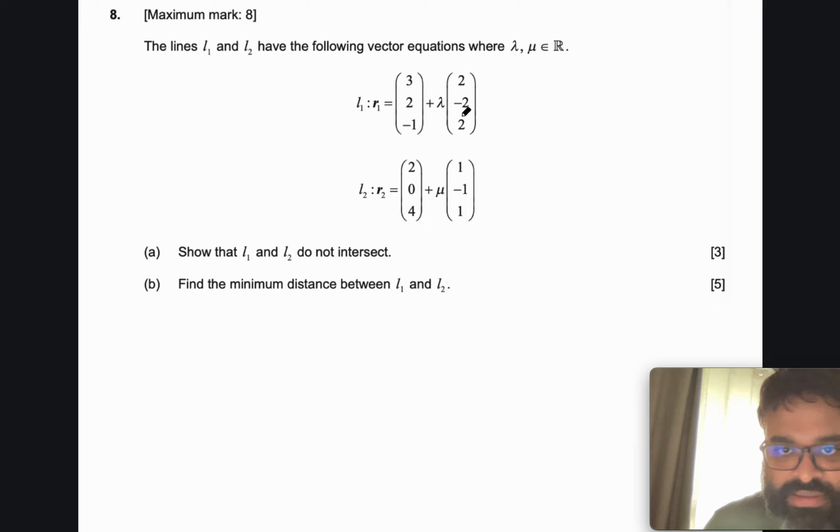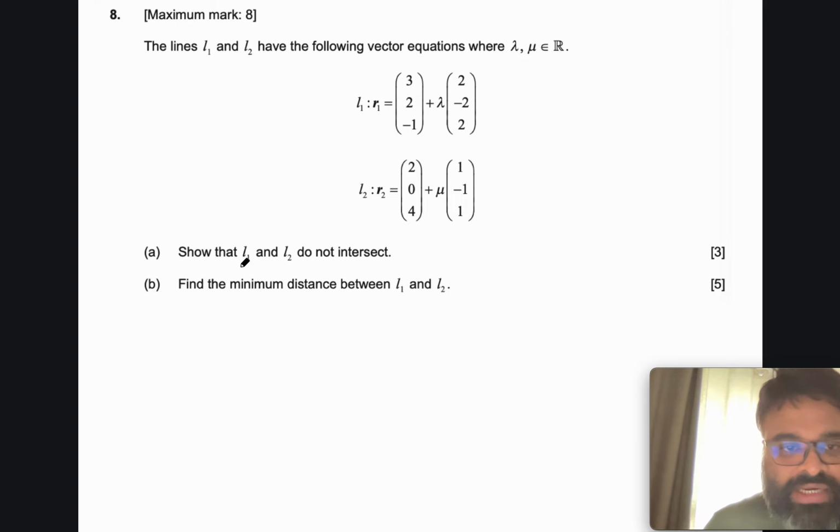If you see the direction vectors of L2 and L1, one is just a multiple of the other. That means these lines are definitely parallel. If the lines are parallel, they can intersect only if they are the same line, or they will never intersect.